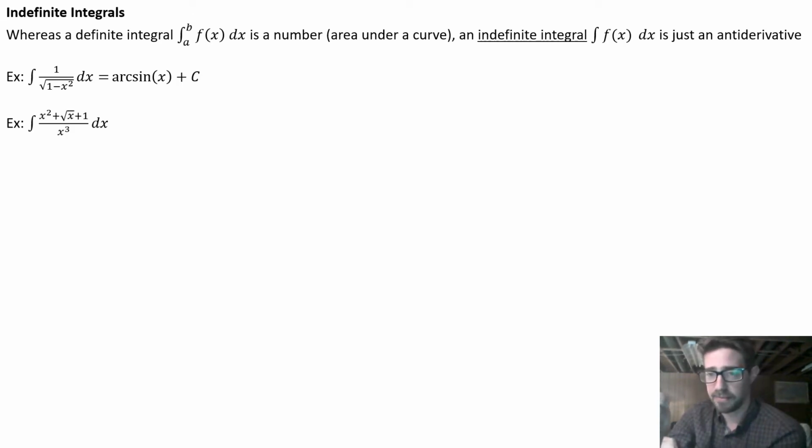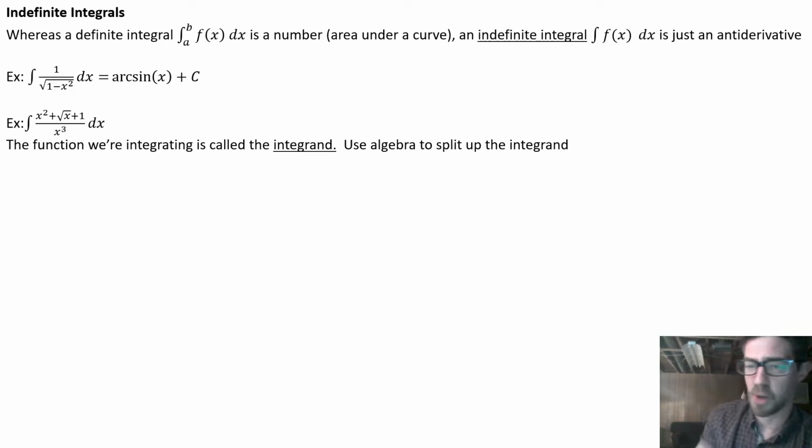Again, there's no quotient rule. You can only do this because you can use algebra to split up this function. So the function x squared plus the square root of x plus 1 over x cubed, in this case, is called the integrand. And the only reason you can do this is because you can use algebra to split up the integrand into 3 different things, and then you can take the antiderivative of those 3 different things separately.